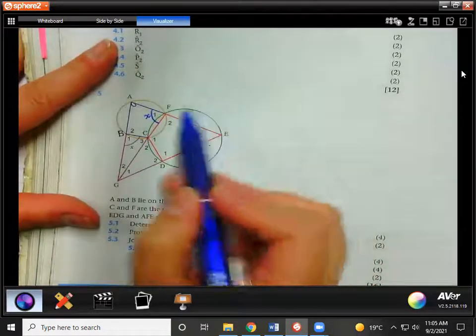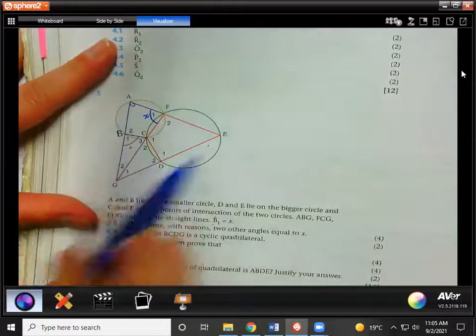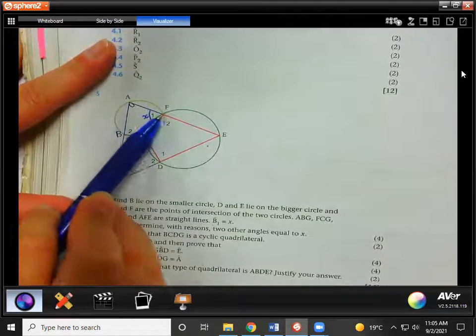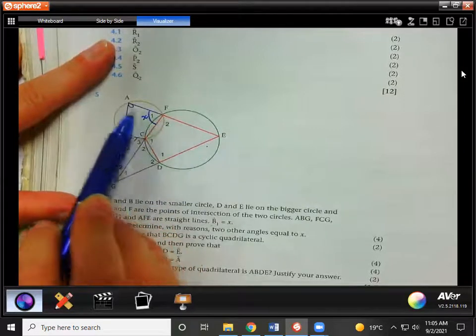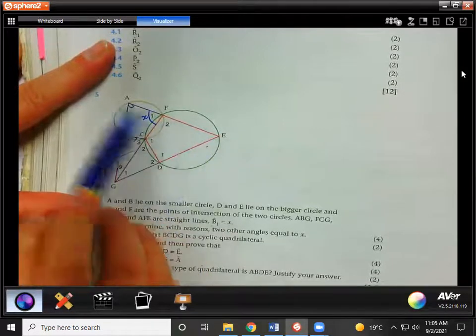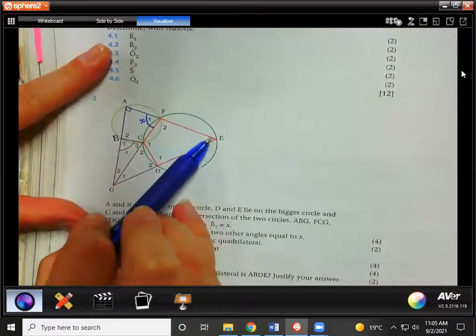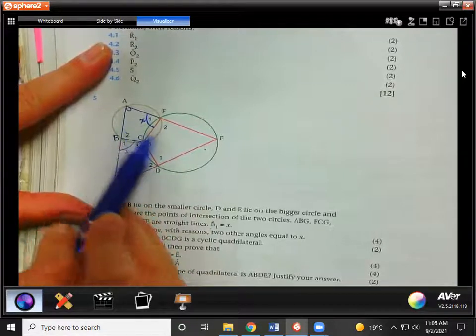But now, guys, this F1 that we've just filled in here is actually also an exterior angle of the bigger cyclic quad, right? Which you might not have noticed. Do we see that? We have this cyclic quad in the bigger circle. And if we extend that line, they did tell us that AFE was a straight line, in this paragraph here. So if we extend one of the sides of the cyclic quad, that outer angle is an exterior angle.